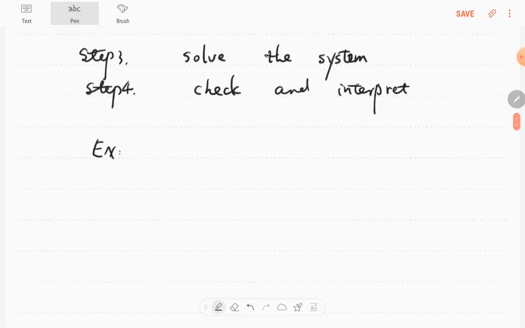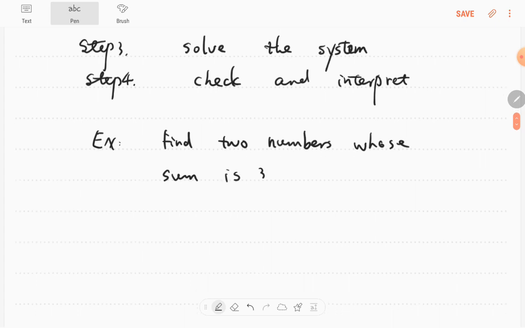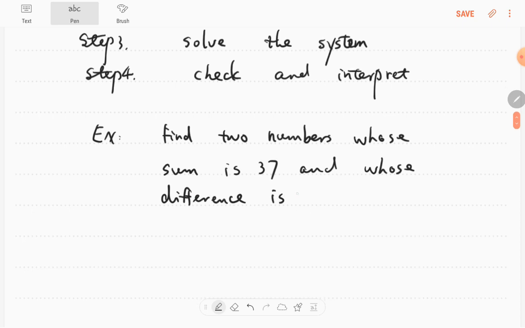So first example, we have this question. Find two numbers whose sum is 37 and whose difference is 21.